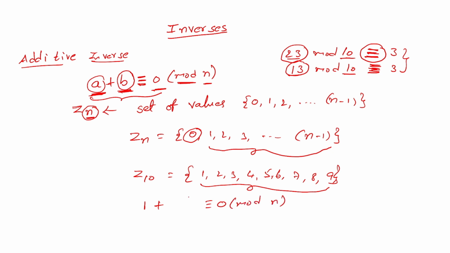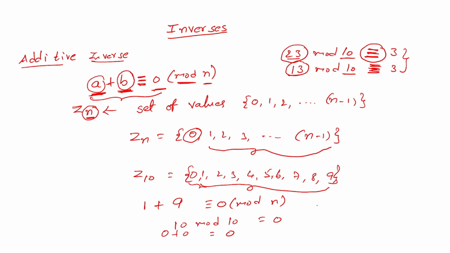If you put 1 plus 9, that is 10, and 10 mod 10 is equal to 0. You can take 0 also, no problem. 0 plus 0 is equal to 0.